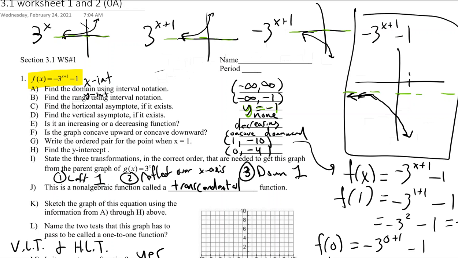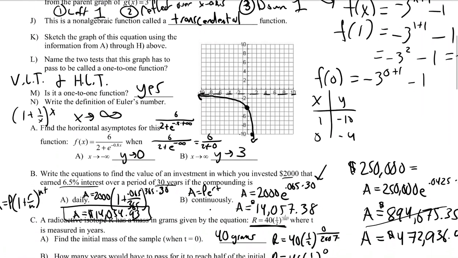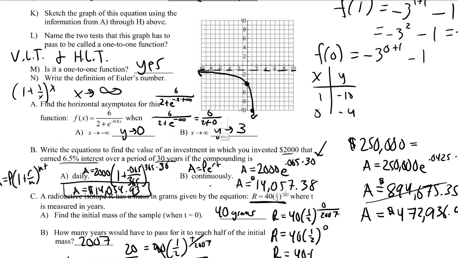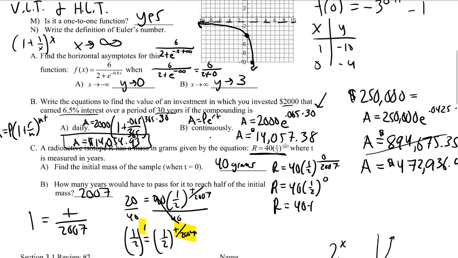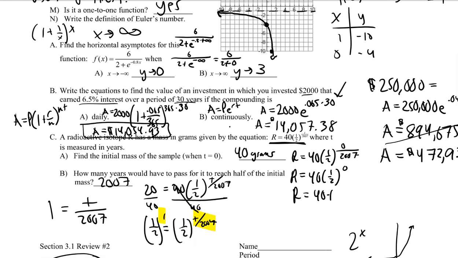Should know what a one-to-one function is. You should be able to apply this information to get a nicer looking sketch. That's what I did for you last time. These horizontal asymptote rules that we had 4 of on the extra practice today. The compound interest formulas, and I will highlight, you have to know those 2.